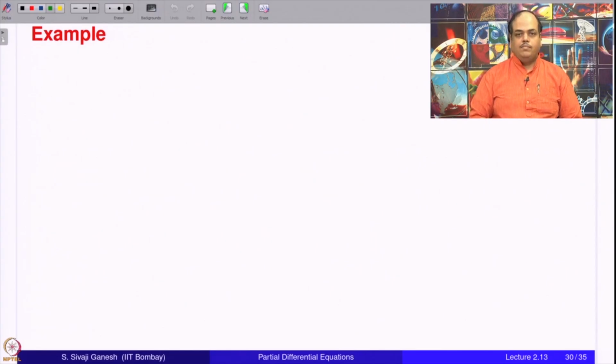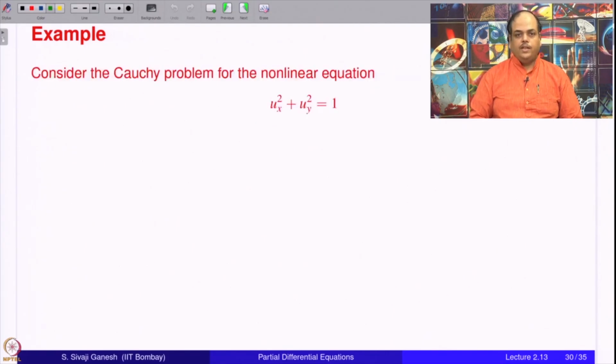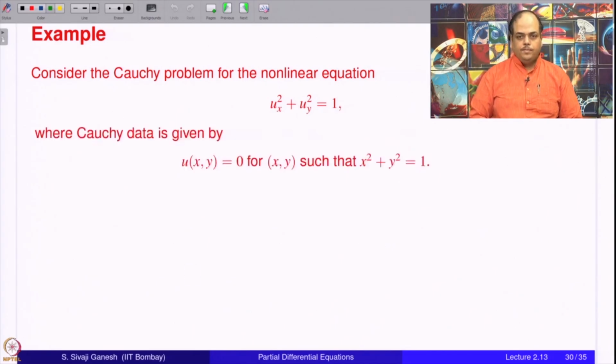So, let us solve an example where we are going to solve a Cauchy problem for a nonlinear equation, the simplest nonlinear equation u_x squared plus u_y squared equal to 1. Cauchy data is given by u is 0 on the circle x squared plus y squared equal to 1.